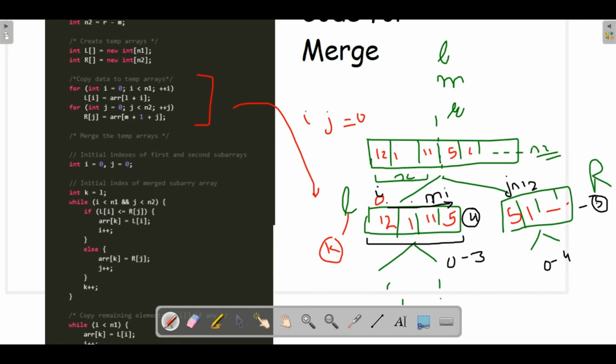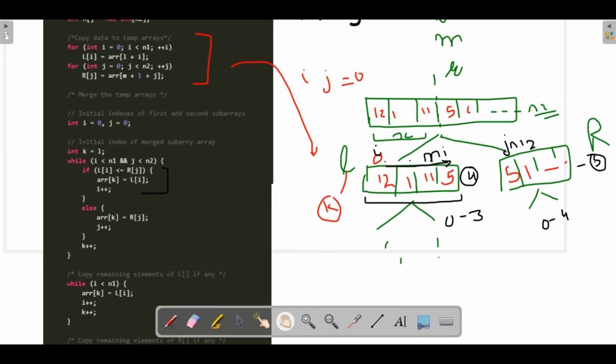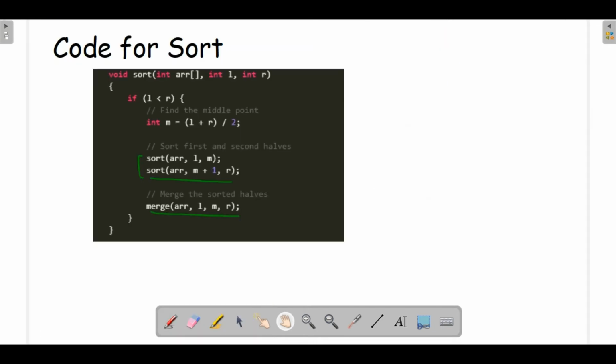See now, when would this come into picture? This would come into picture when you have individual array elements. This code would be running up till we get single array elements, because this would sort until left is less than right.